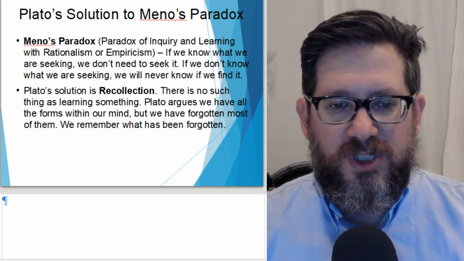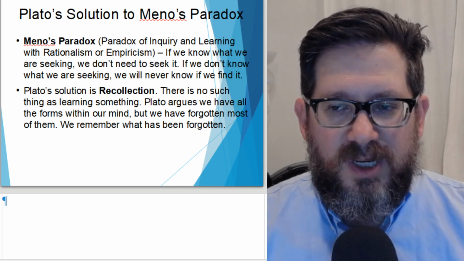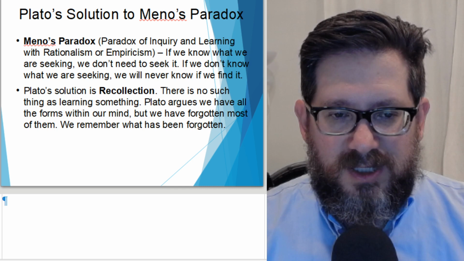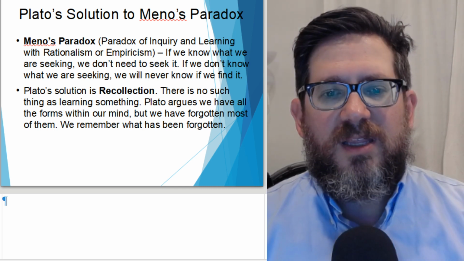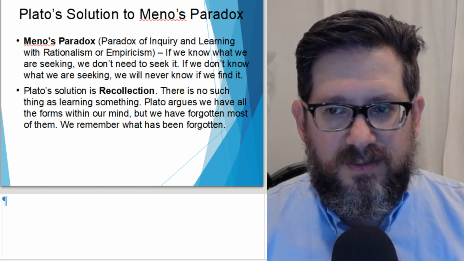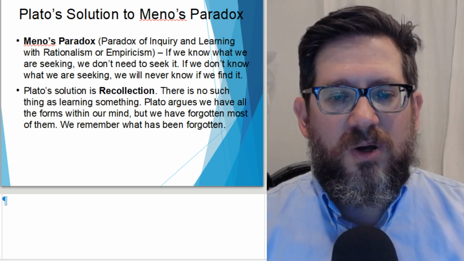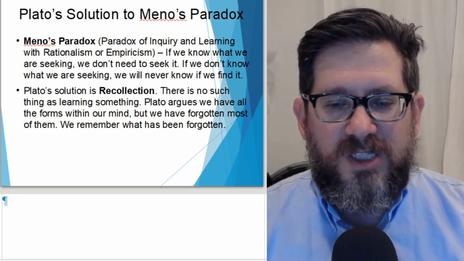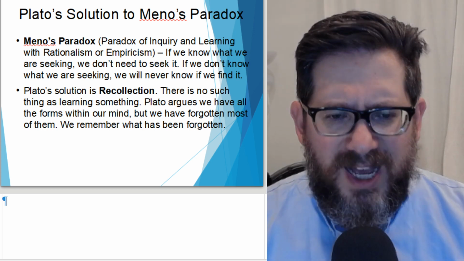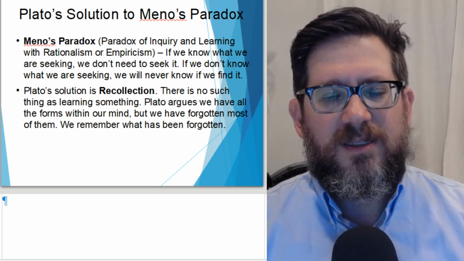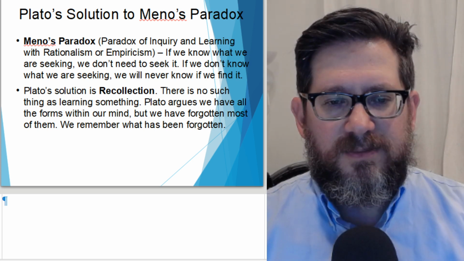Here's Plato's solution. He thinks the theory of forms solves this problem, but he has to add on to it. And what he adds on to it is that we are forgetful. And that though we do know all there is to know, we can grasp it. That's the amazing thing about the mind. You can grasp any idea. We have forgotten all those ideas.